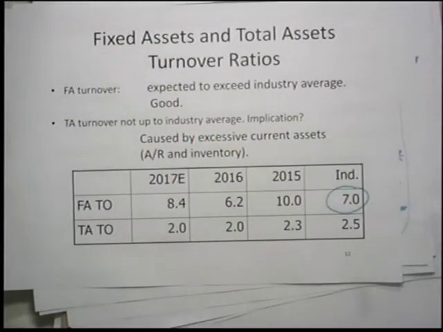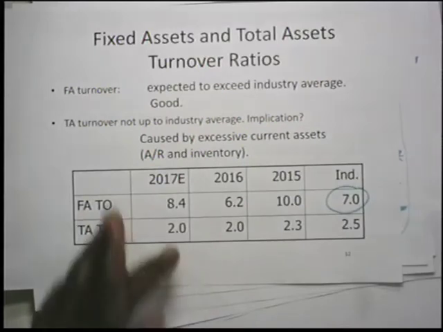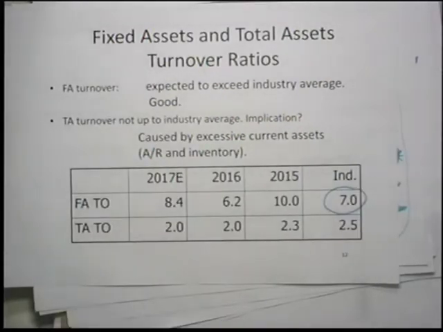In 2016 we were below the average. The wheel was turning slowly. And in 2017, it's now getting faster and faster to above average, which is good. That's what it should be. When it comes to fixed assets turnover, it must be faster. So what comments can we make there?